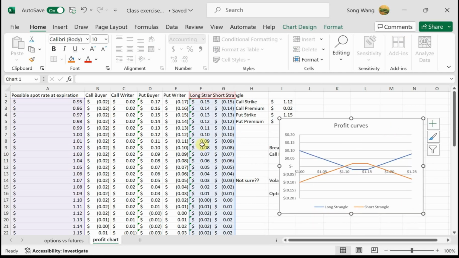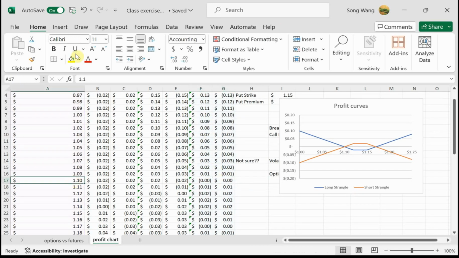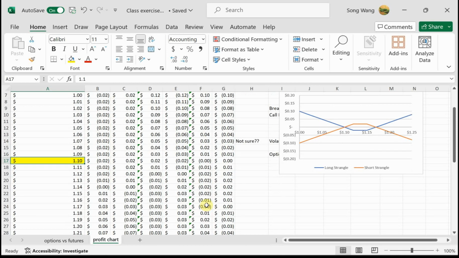You can observe the data right here, and you can see here I got zeros, and that happens when the profit is 1.10. And right here you got another set of zeros at the price of 1.17. So that's one way to find it out.